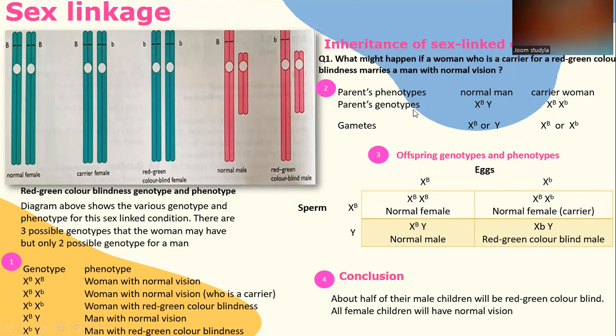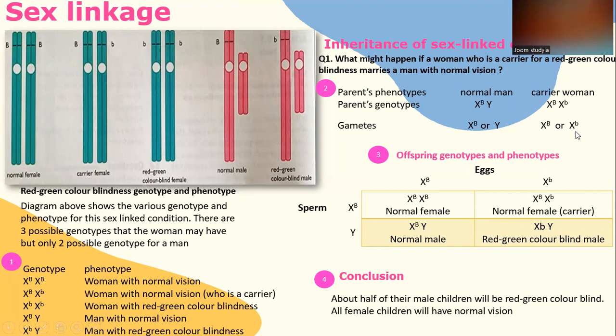The parents' genotypes: for the normal man, X^B Y; for the carrier woman, X^B X^b. For gametes, the normal man has X^B or Y, and the carrier woman has X^B and X^b.